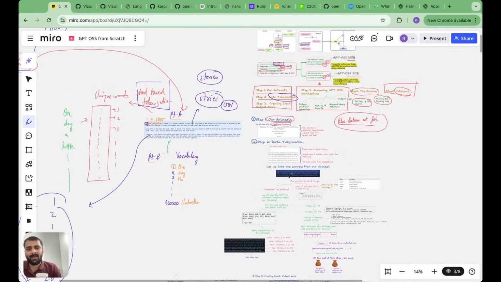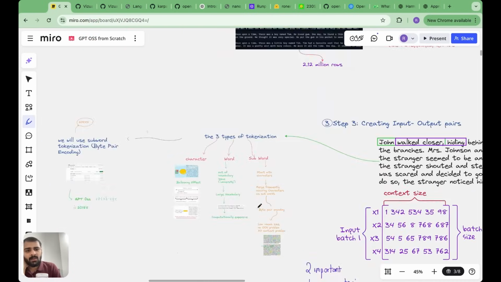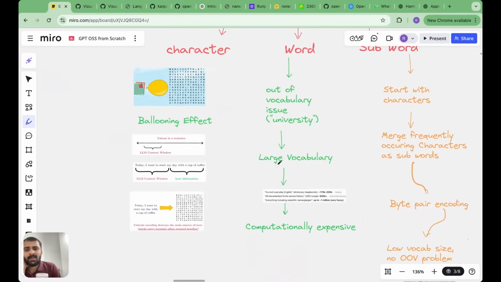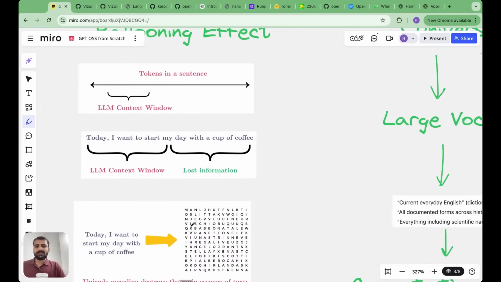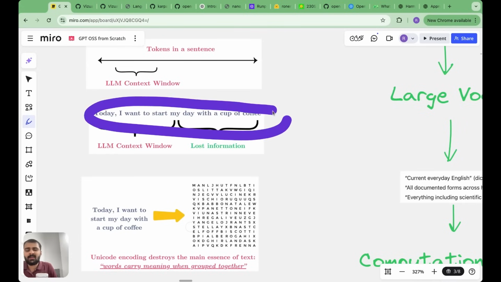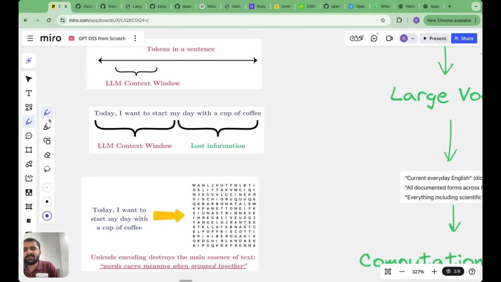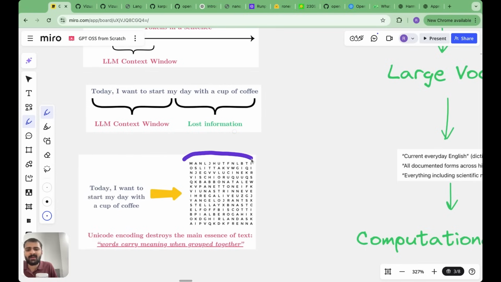Another issue with character level tokenization is related to the context window of a language model. The moment you do character level tokenization, let's say you have text like this. When you do character level tokenization, it will get converted into so many different characters that you might exceed the context window of an LLM.